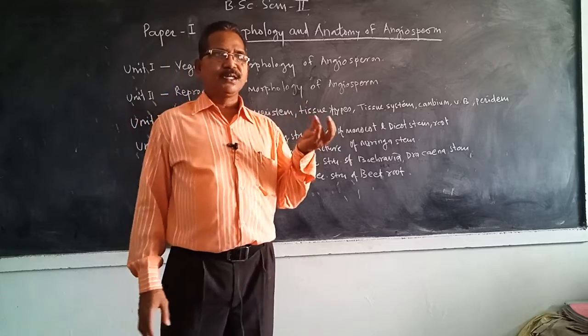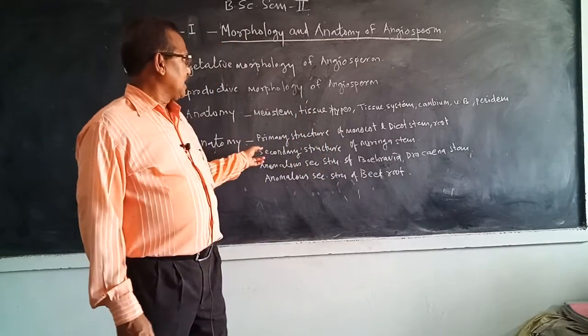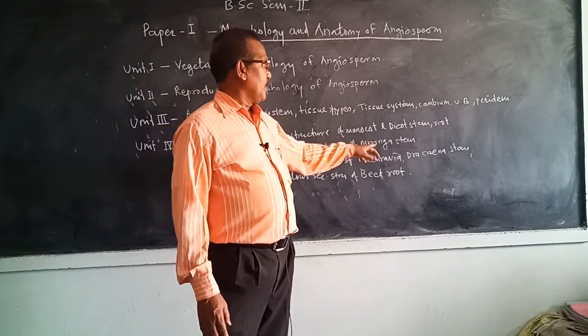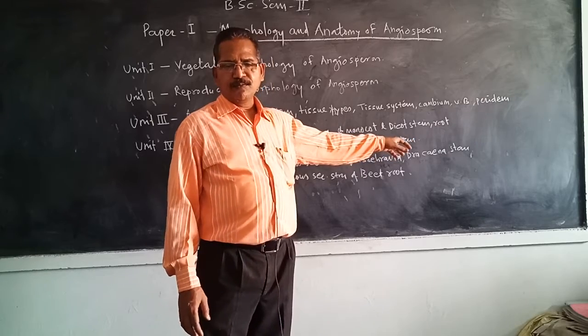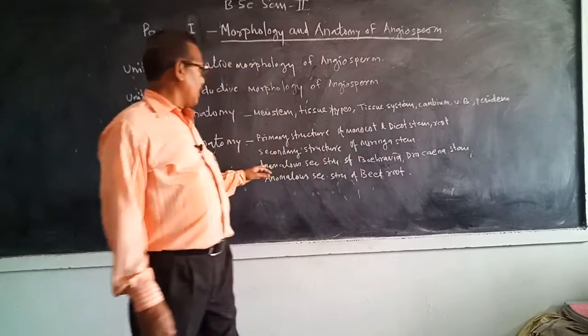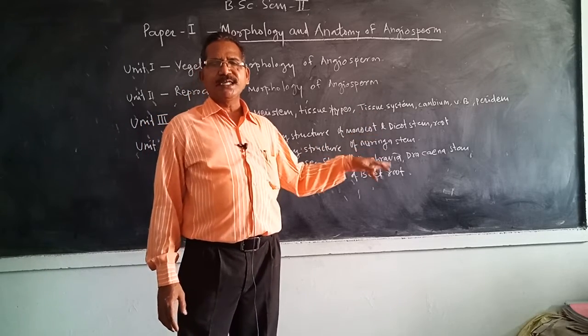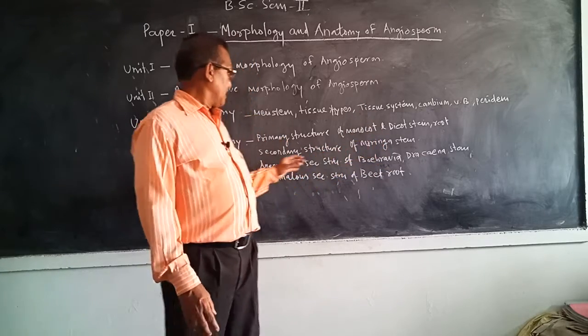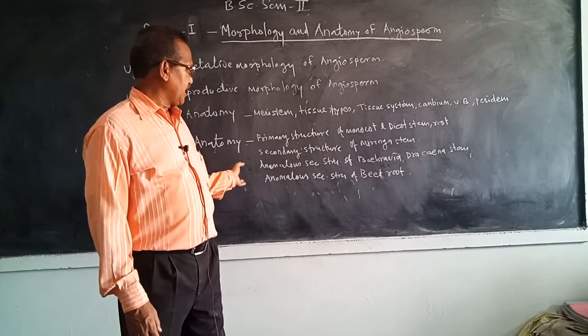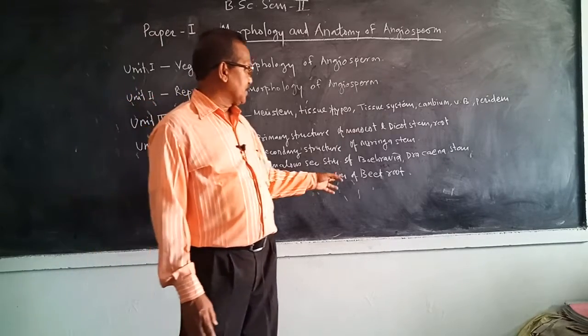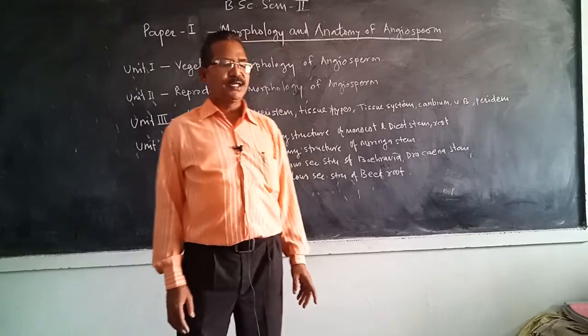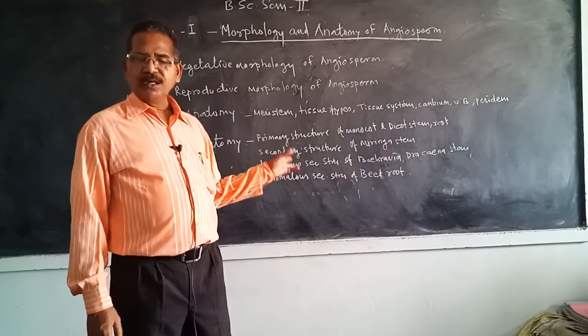Then the secondary structure of Moringa stem is studied. While the anomalous secondary structure of Boerhaavia and Dracaena stem is studied in the fourth unit, and again the anomalous secondary structure of beetroot is studied in the fourth unit.